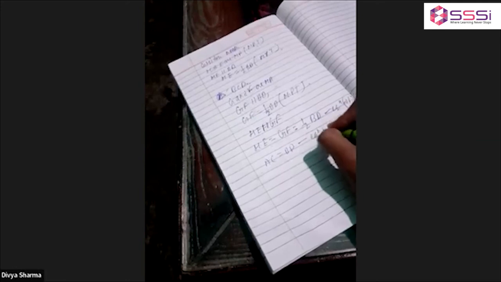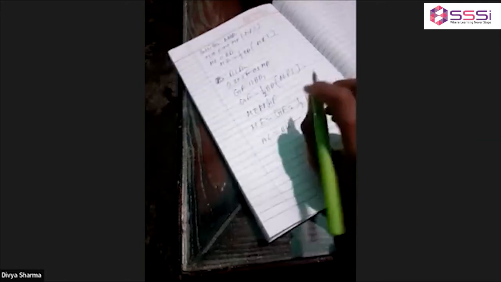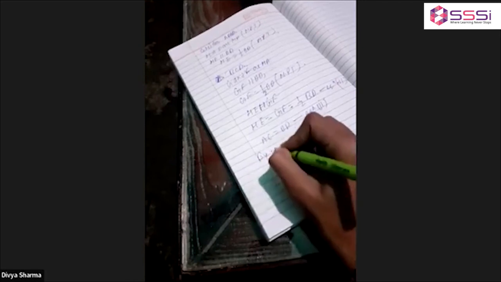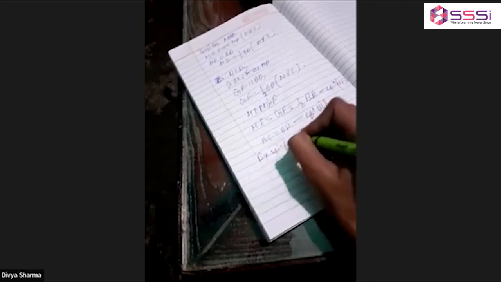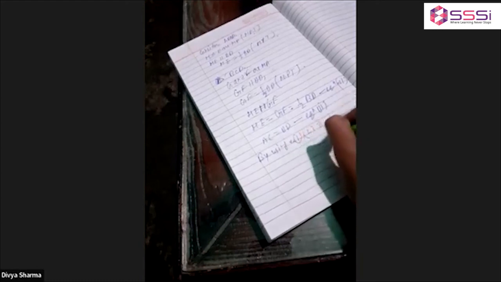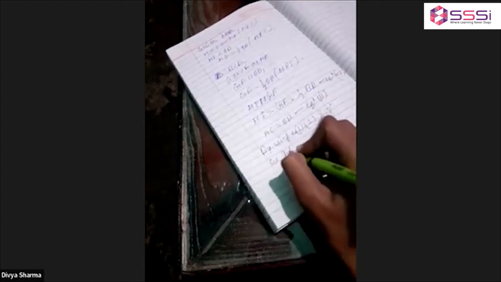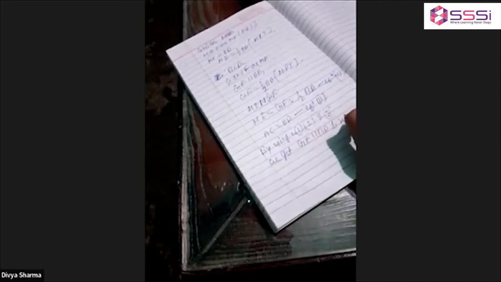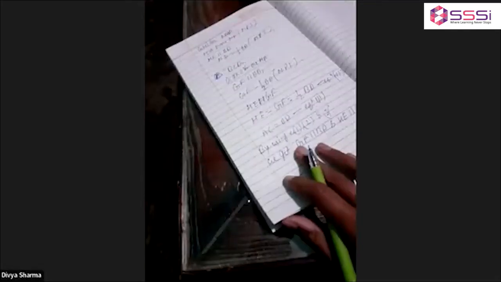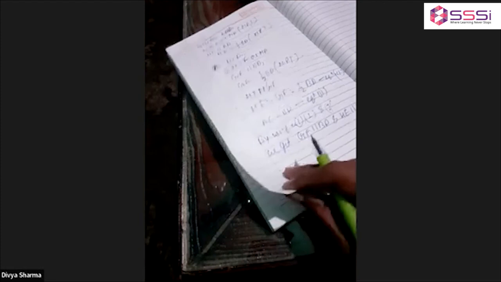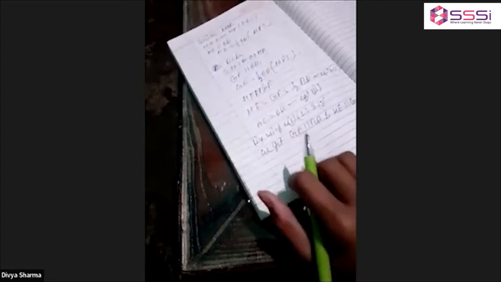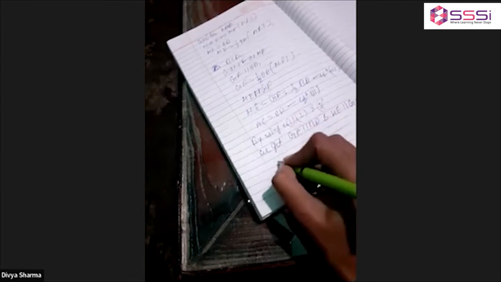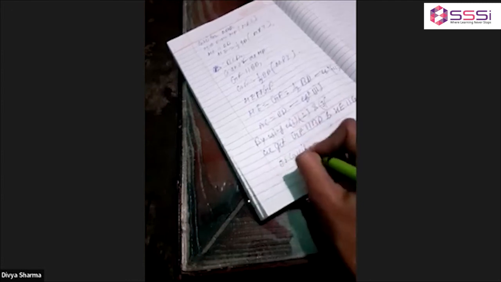We will call it equation 3. So by using equations 1, 2 and 3, we get GF parallel to BD and HE parallel to GF. So by using these equations, we can say EFGH is a rhombus.